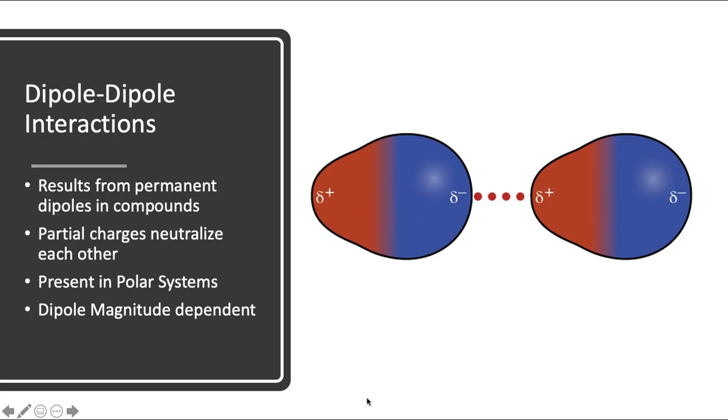Remember, we talked about covalent compounds and ionic compounds, and how in ionic compounds we have total separation of charge because we have total loss or gain of electrons.